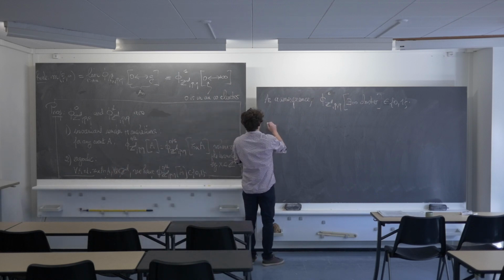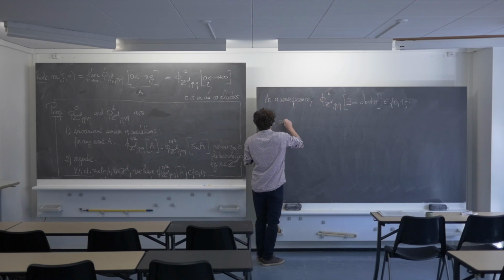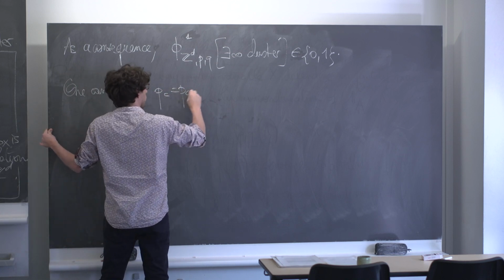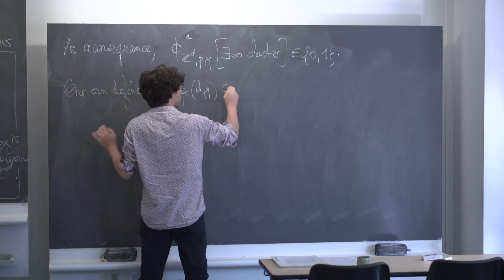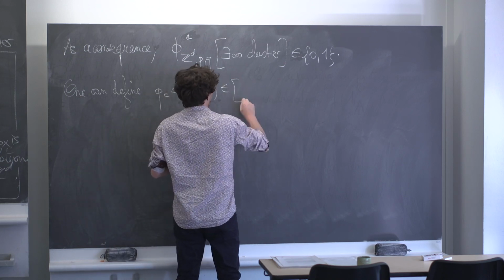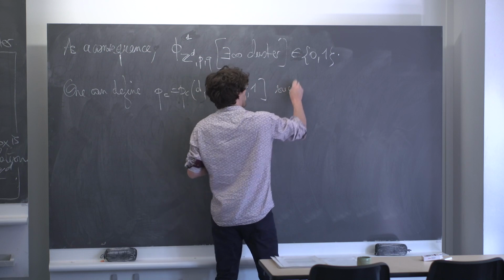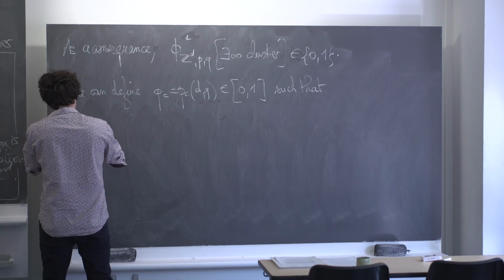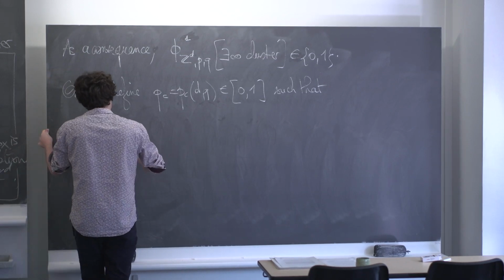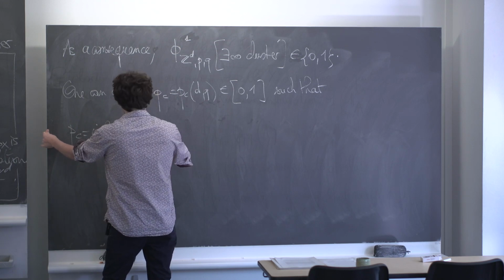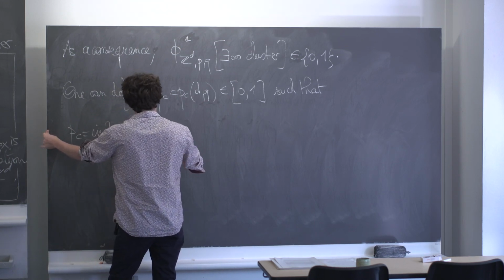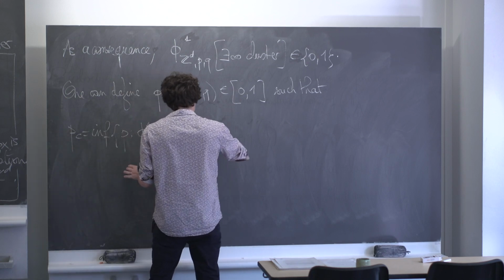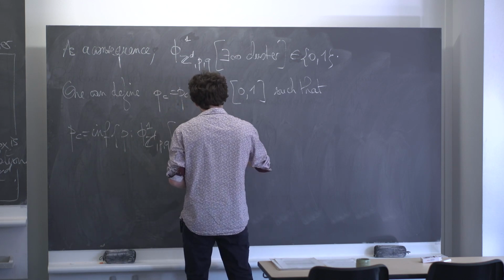One can define p_c, which is a number that depends on d and q, belonging to [0, 1] a priori, such that p_c is the infimum of the p such that phi^1_{Z^d,p,q} of 0 connected to infinity is 0.